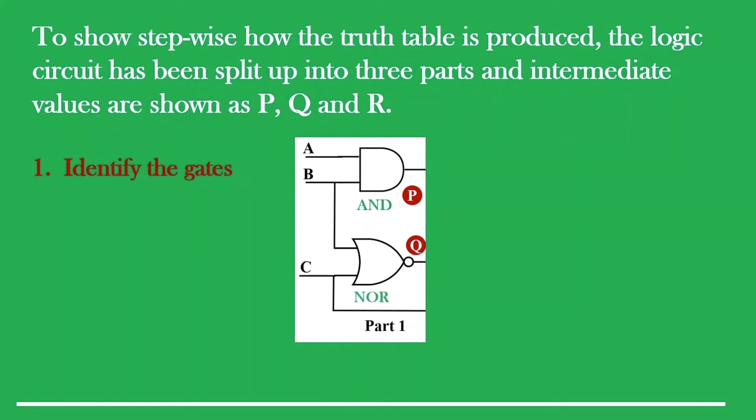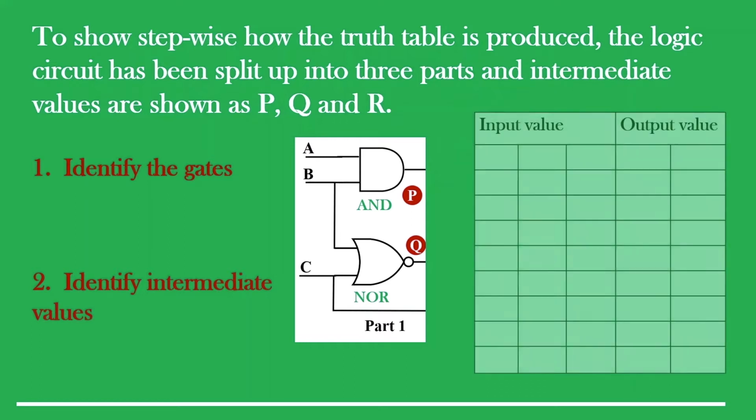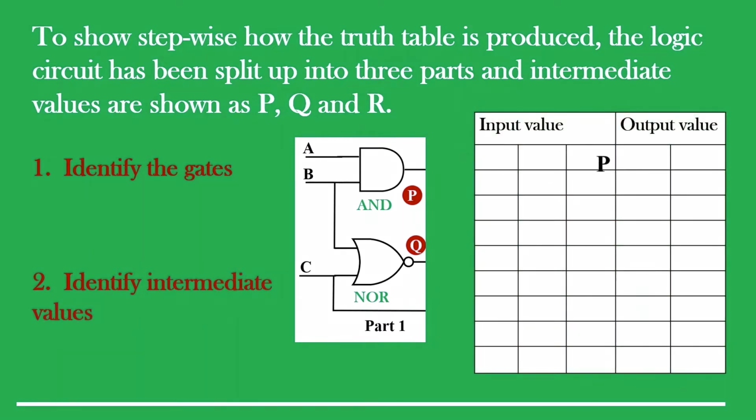The second task is to find the intermediate values of P and Q. The value of P is found from the AND gate where the inputs are A and B. The value of Q is found from the NOR gate where the inputs are B and C.